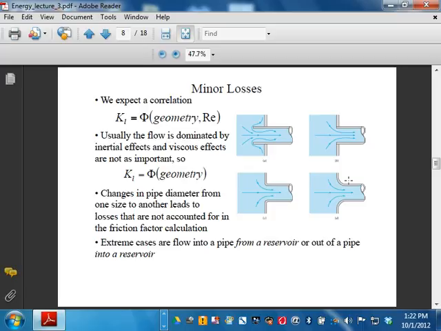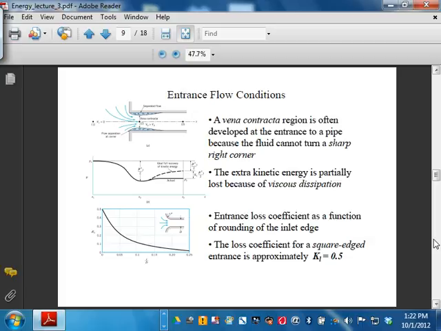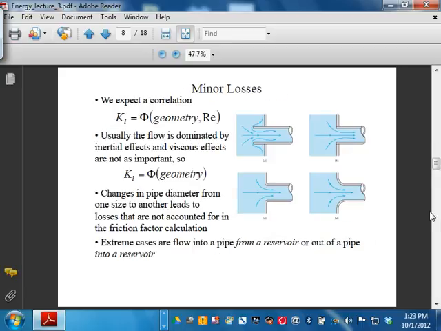There are no numbers here. Anybody got the textbook? See what the number is. You can check what the KL for each case is; an estimated value is given in the textbook. The loss coefficient for a square edge entrance is approximately 0.5. So this here is about 0.5, and it goes down.